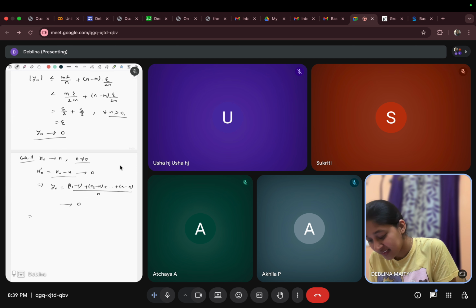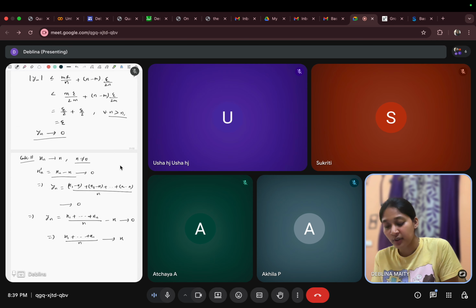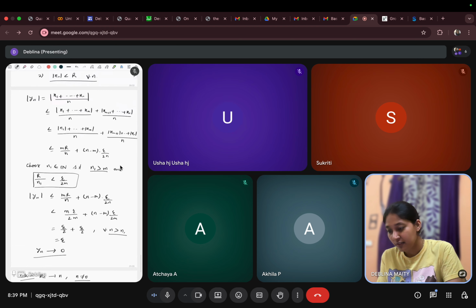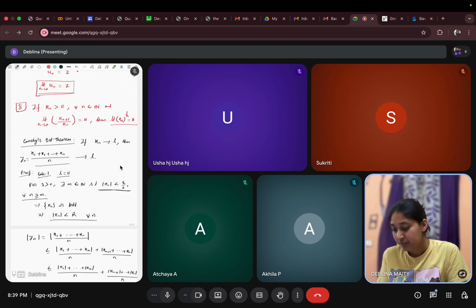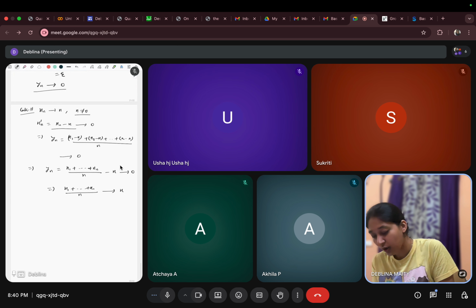This is nothing but (x1 to xn) by n, minus nx by n, so this minus x is going to 0. This means (x1 to xn) by n converges to x, right? So we have proved this for case 1 (L is 0) and not 0, which is case 2. So Cauchy's first theorem is proved. Now we'll prove Cauchy's second theorem.